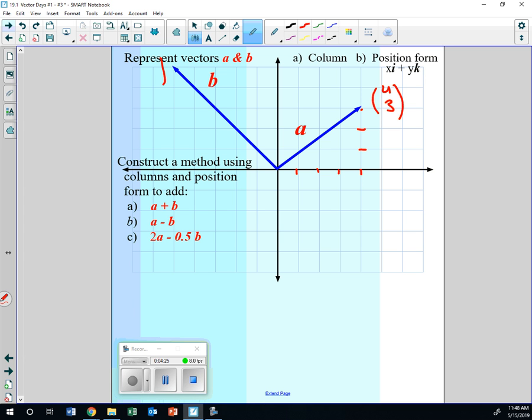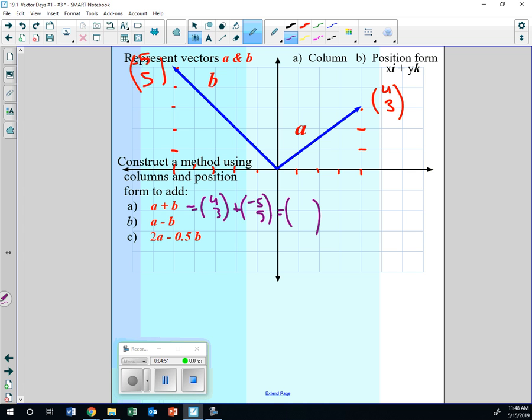We can find this location is back 1, 2, 3, 4, 5, up 1, 2, 3, 4, 5. So back 5, up 5. So adding vectors couldn't be better, because now we're just going to say A plus B is going to be A, 4, 3, plus B, negative 5, 5.